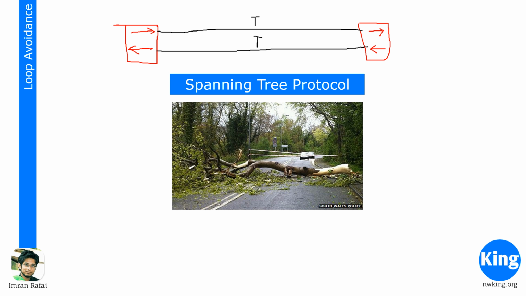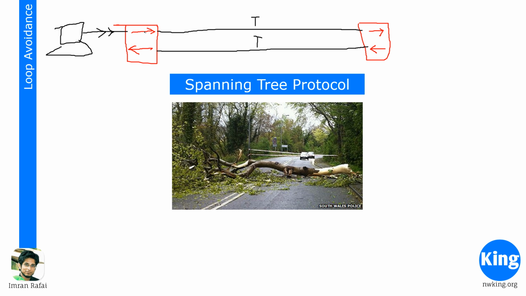The problem is, when you connect two switches with two cables, and let's say there's one device here, this is a computer, and this computer sends a broadcast. Now what does a broadcast do? According to what we know, when the switch receives a broadcast, it will send that traffic out on all the switch ports.